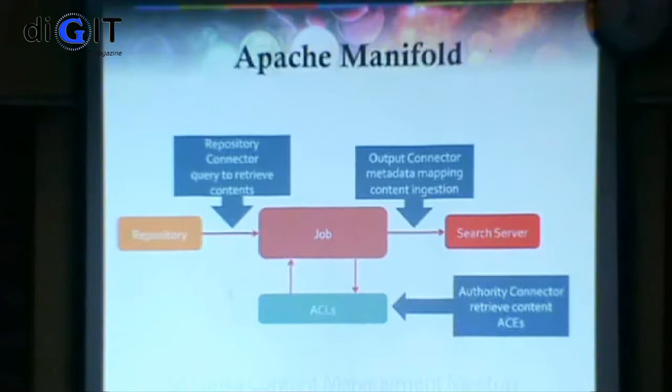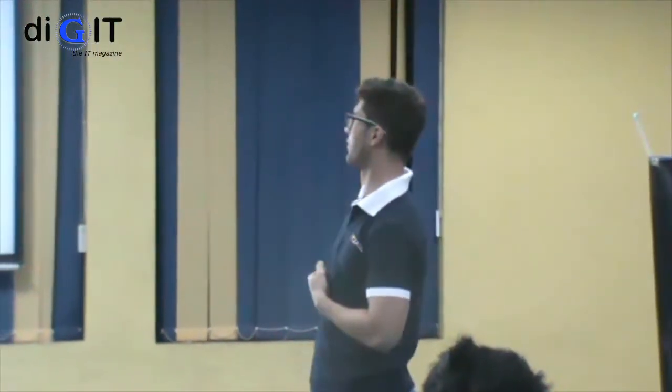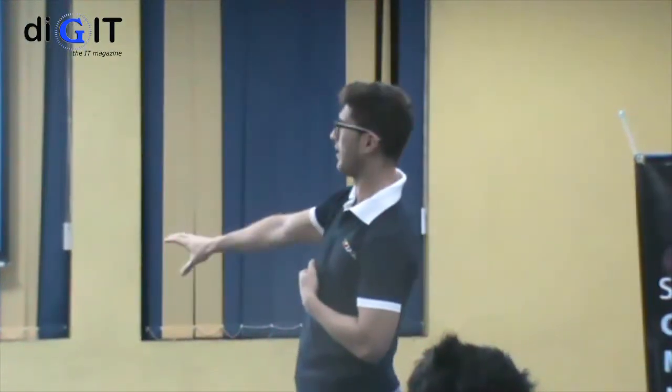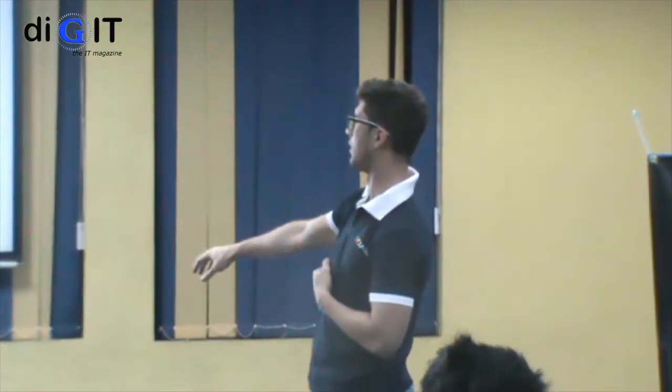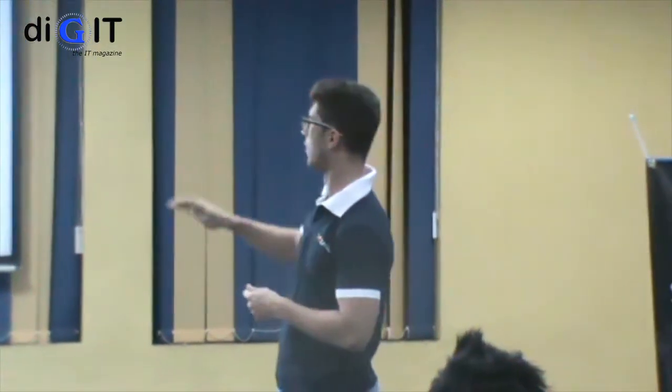This is the overview of Apache Manifold. On the left side we have the repository from which we extract information. On the right side we have the search server where we ingest the information. Down below we have the ACLs where we extract the permissions.